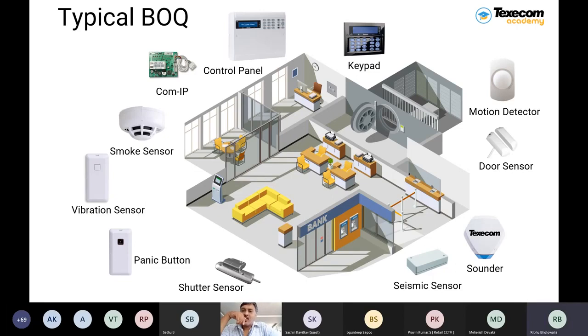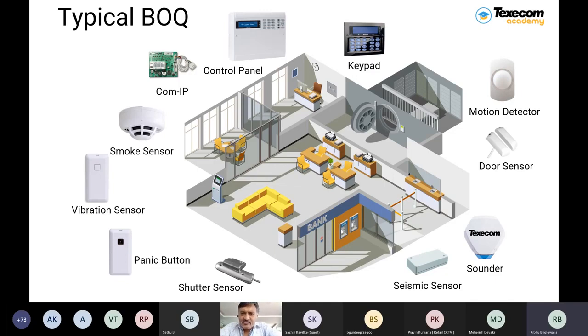And if we have any server area or any area which we need to protect from fire, we can give the smoke detectors also. As you are aware, Texecom is a fire cum intrusion alarm system, right? And then the seismic sensors for protecting the ATM machines, vault area, your locker areas, and then motion detectors.